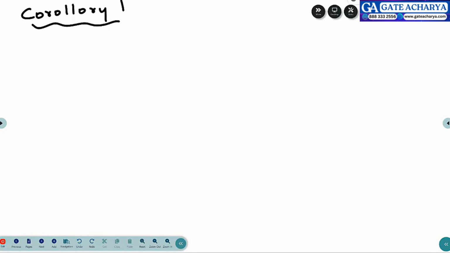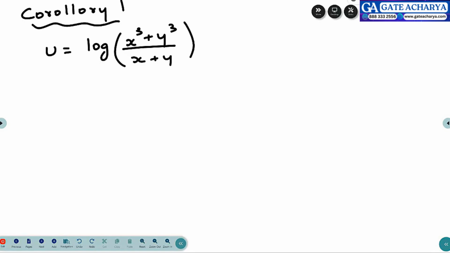What is the classic example of this? Let's say I give a function like this. Is this homogeneous? Yes or no? Obviously, since I'm giving this under this, it is not a homogeneous function.